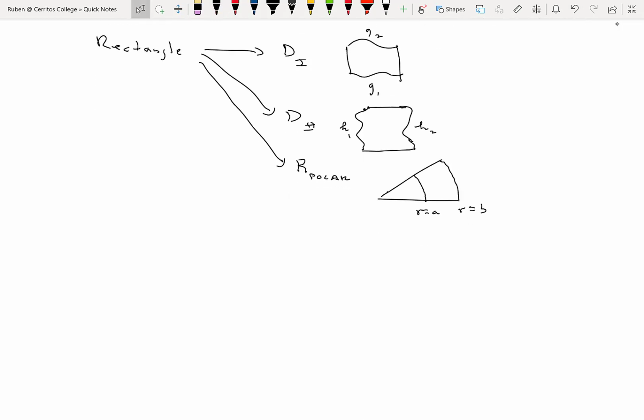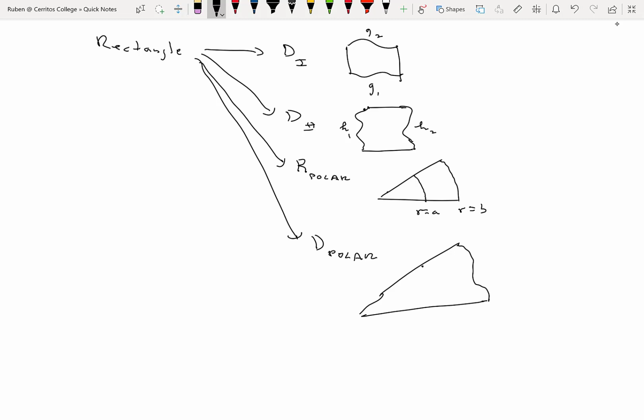And finally, after all of that, we went to a general polar region, which essentially took the polar rectangle and gave the outer circles a more general shape.